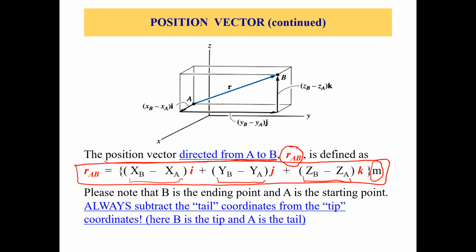B is the tip and A is the tail. So always remember, whenever you are determining the position vector from one point to another, always use the tip to tail rule. And always remember that RAB is not equal to RBA.